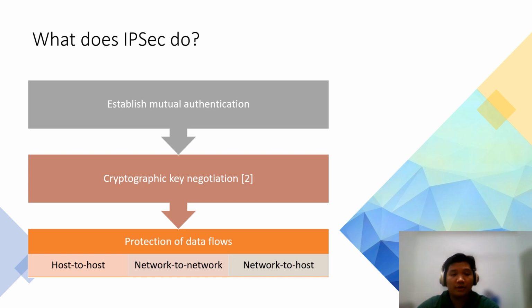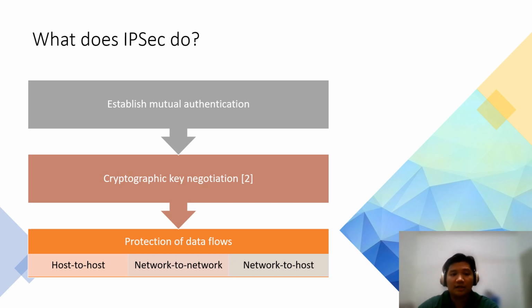Now you might be wondering, what does IPsec do? Well, there are three things that IPsec does. IPsec includes protocols for establishing mutual authentication between the agents at the beginning of a session and a negotiation of cryptographic keys to use and encrypt during the session.